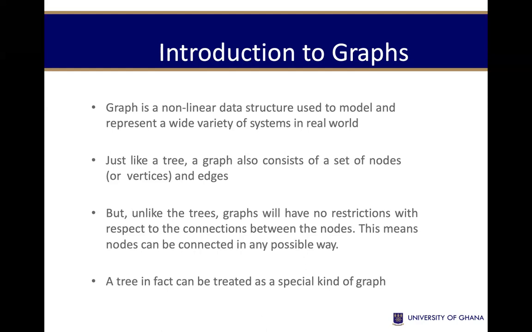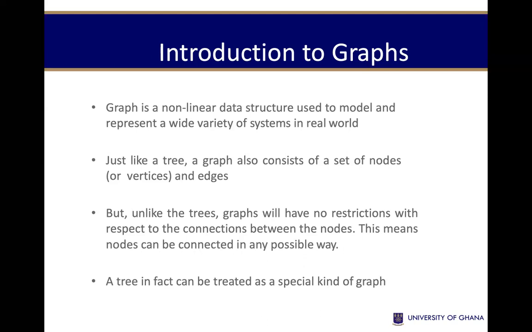But one thing you need to know is that for graphs, we are dealing with nodes, but the nodes in graphs we refer to as vertices. And the connectors between the various nodes or vertices we refer to as edges or arcs.